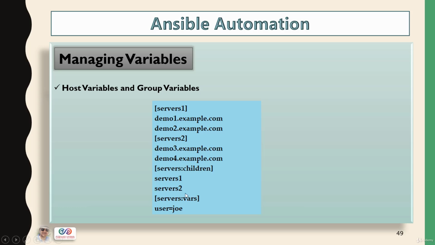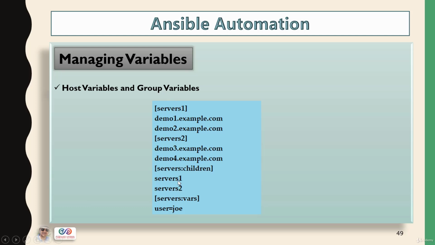So this is one thing. And here you can see servers, a colon, vars, and user equal to jaw. I have defined one variable, user equals jaw. After that, all the servers coming under this group, servers, will have this variable. So this variable is applicable to all four servers, because it is defined for servers.